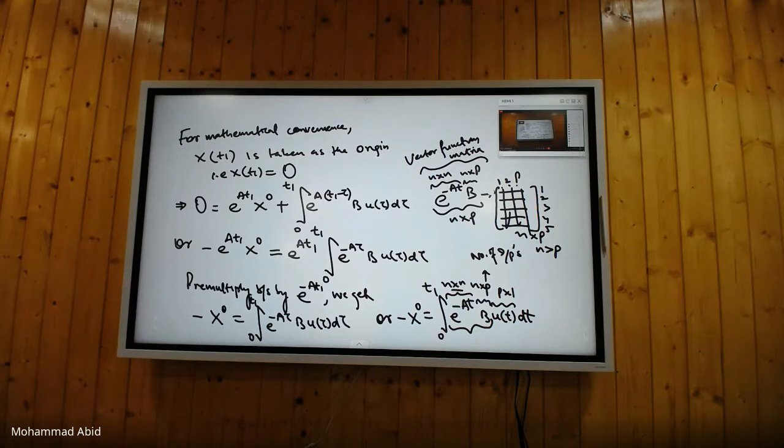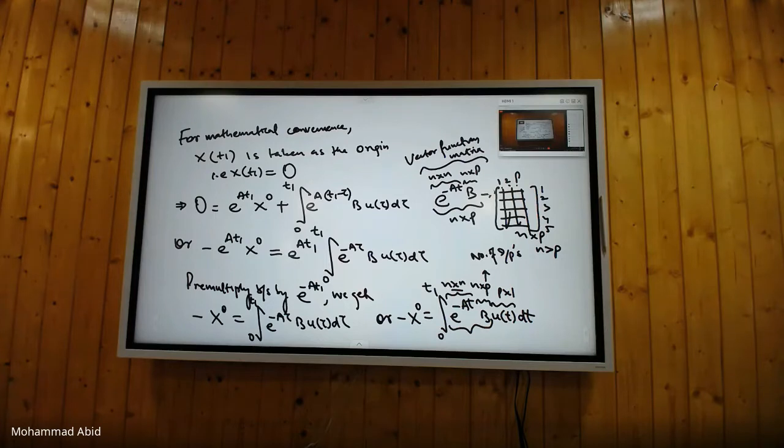So if you have a non-square matrix of size n cross p, what can be its maximum rank equal to? The smaller dimension. That means at the most it can be equal to p, isn't it?